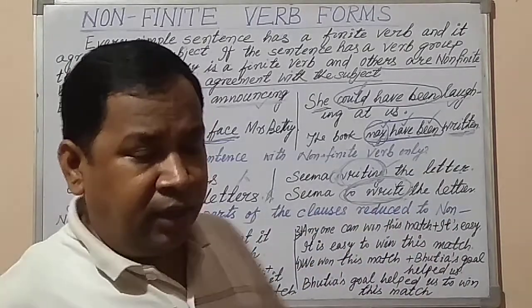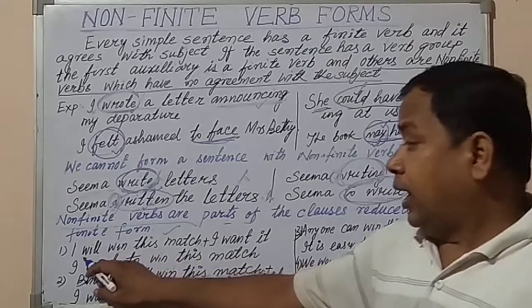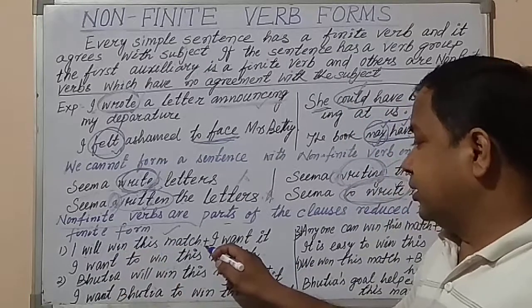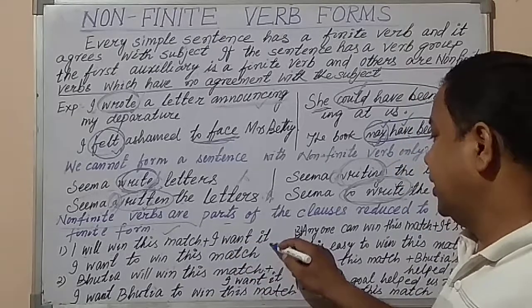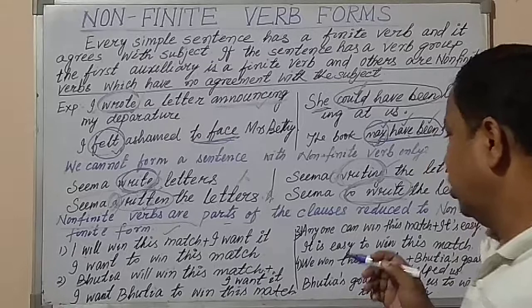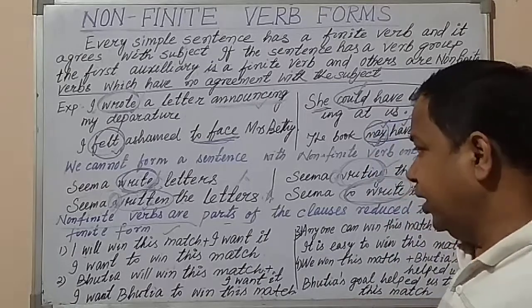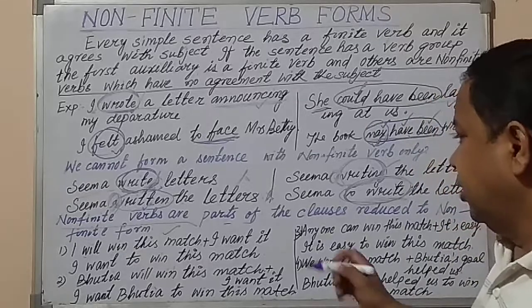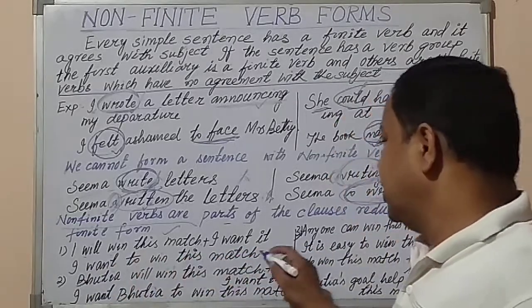How are they so? Let's watch the examples. I will win this match. This is one clause, and another you see here, I want it. So in these two clauses, when we reduce them, what happened? I want to win this match.